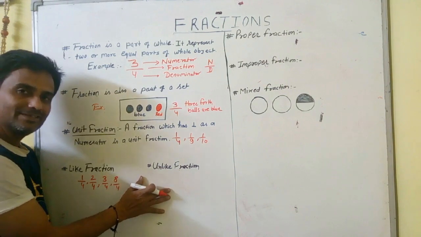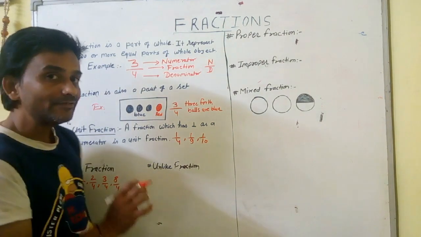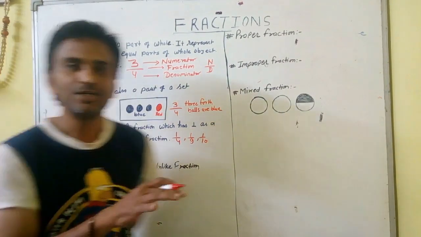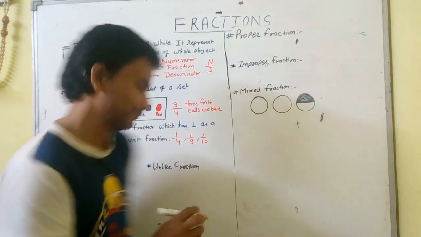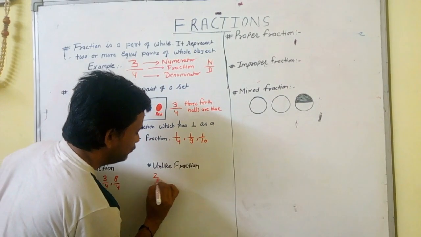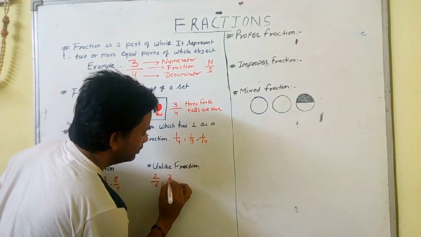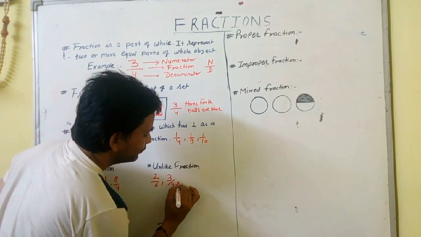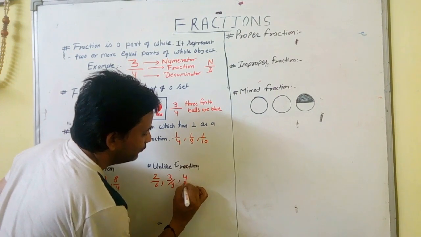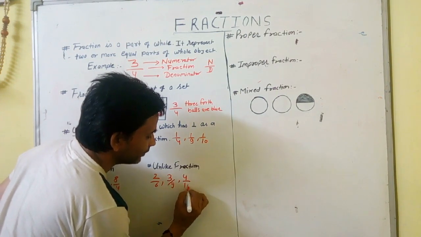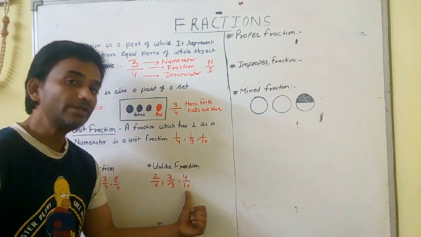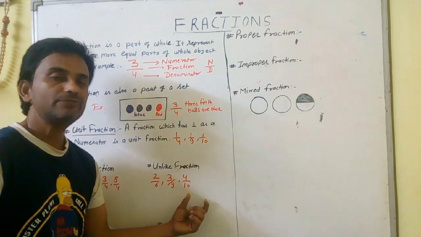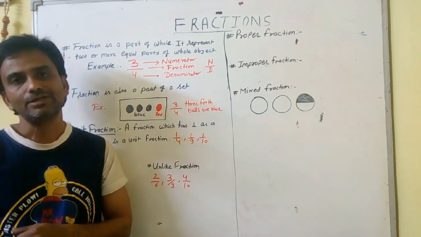What is unlike fraction? In unlike fractions, the denominators are different. Denominators are totally different. For example, 2/6, 3/9, or 4/10. These have different denominators. That's why it's called unlike fraction.